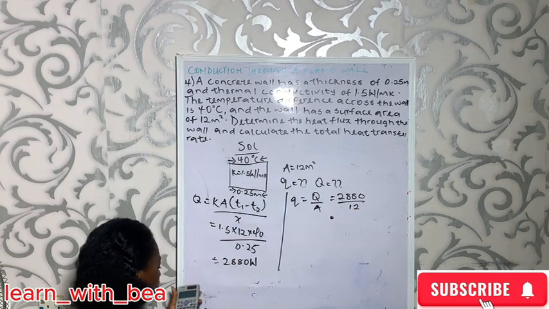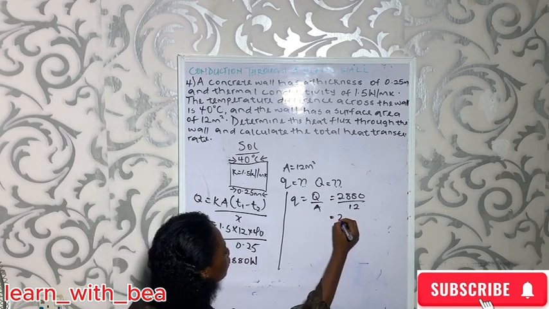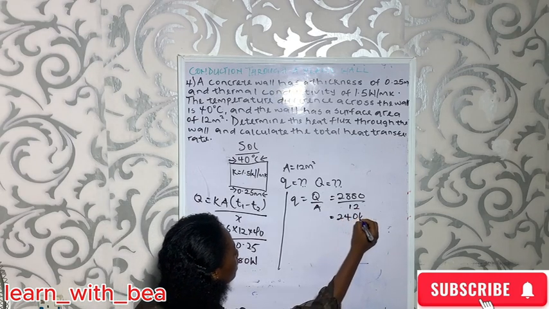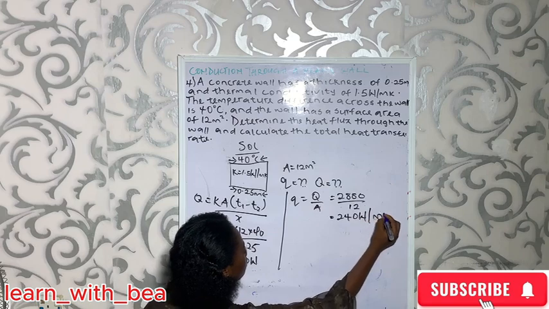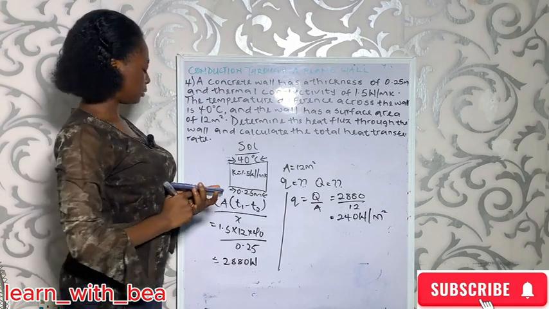This is going to give us what? So this is 240 watts per meter square. Yes, and that's about the question.